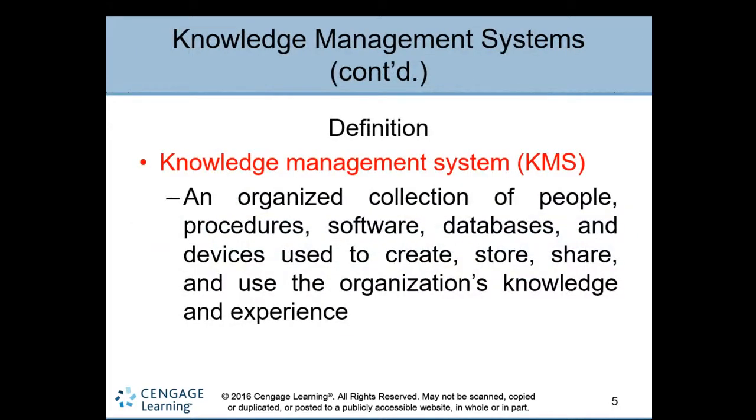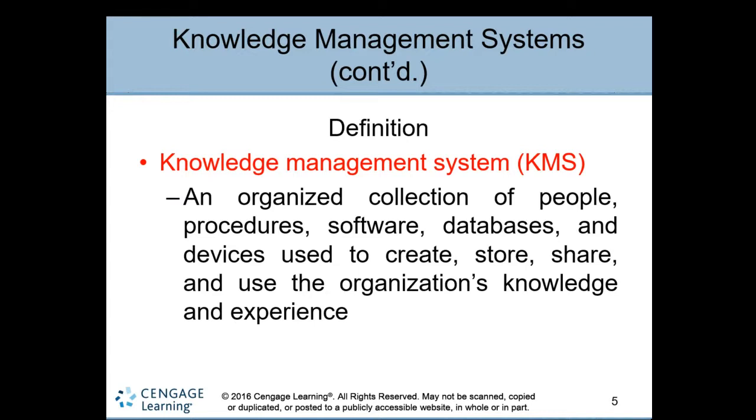Let's see how to define a knowledge management system. It is a collection of people, procedures, software, hardware, and databases used to create, store, share, and use the organization's knowledge and experience. That's a knowledge management system, KMS.